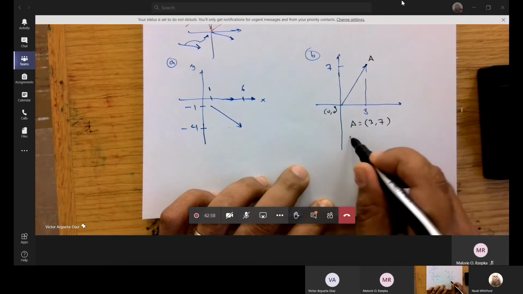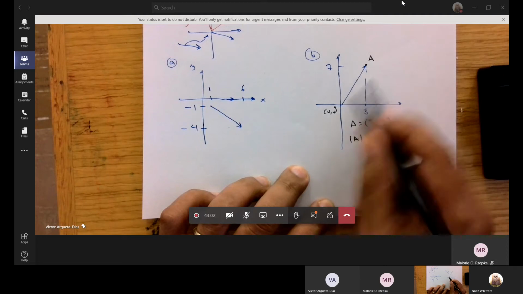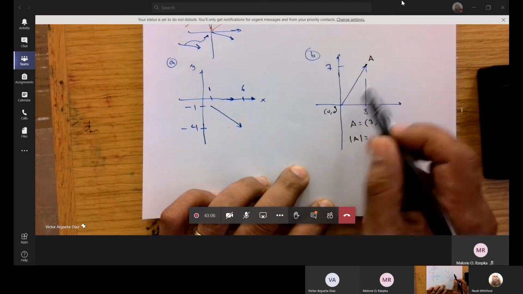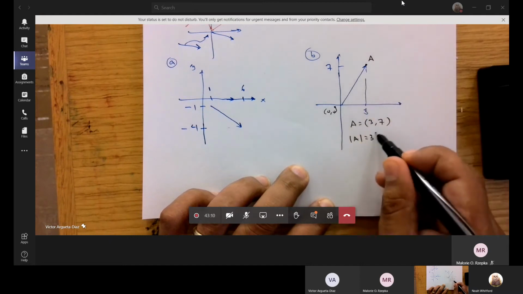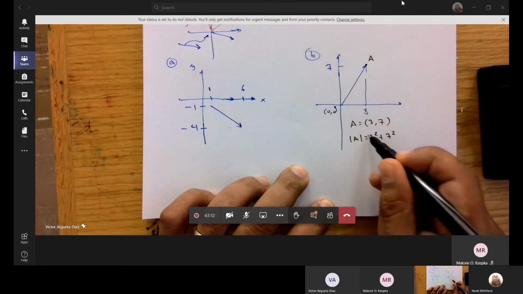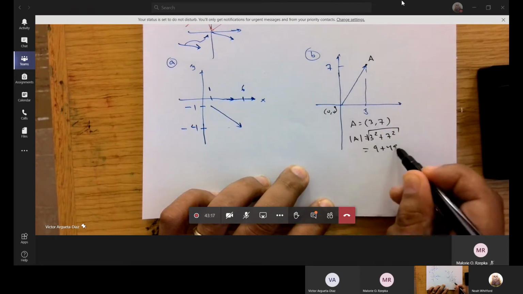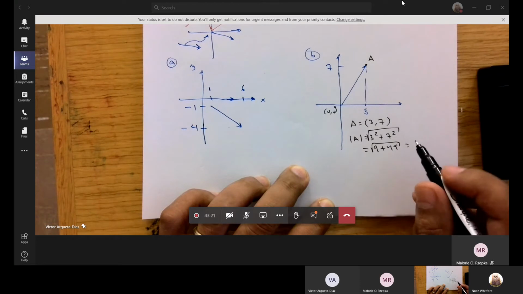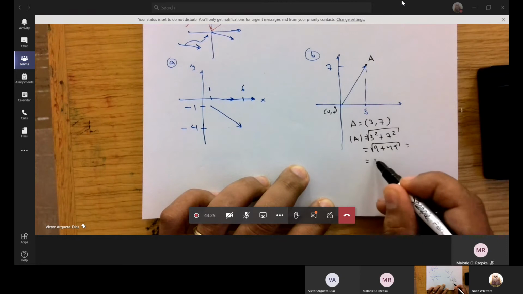So the magnitude of A, if you imagine this as a right triangle, is basically calculating the hypotenuse of that triangle. So it will be the square root of 3 squared plus 7 squared, that is 49 plus 9. And Alex, the square root of 56 is 7.6.